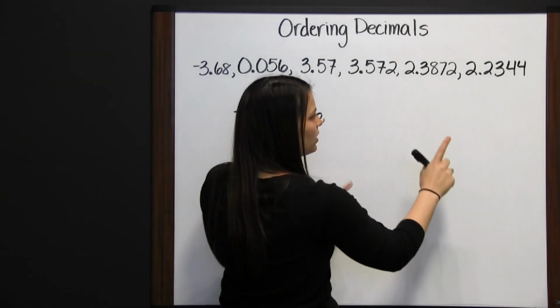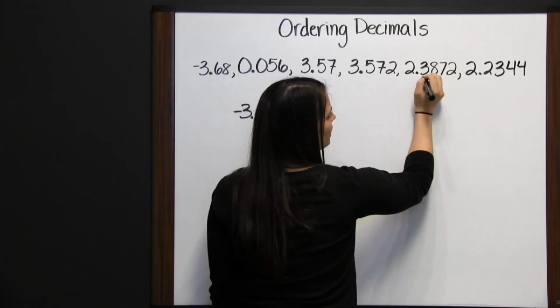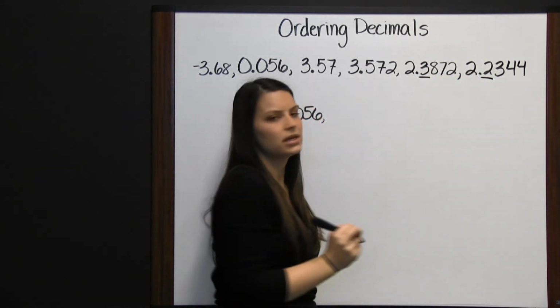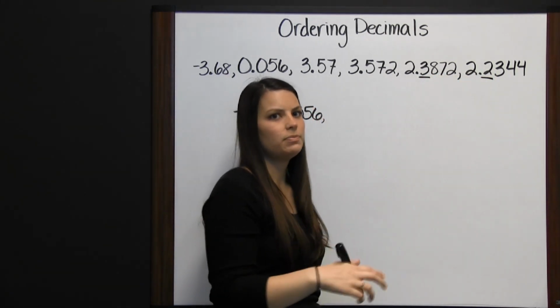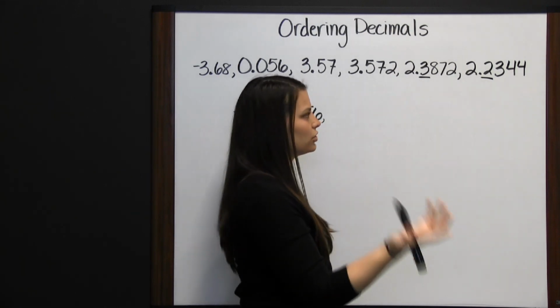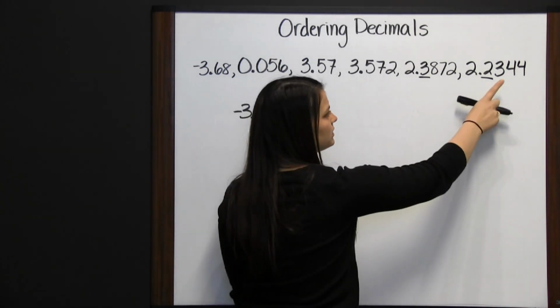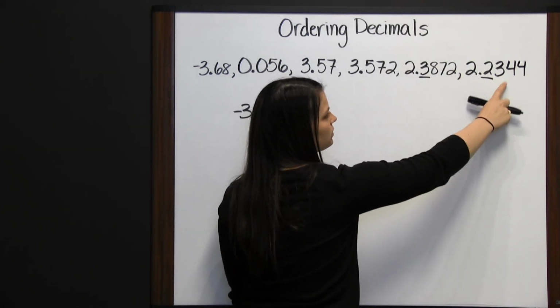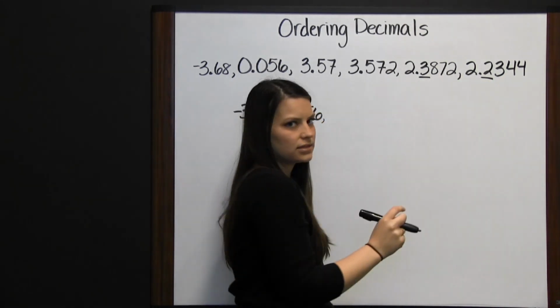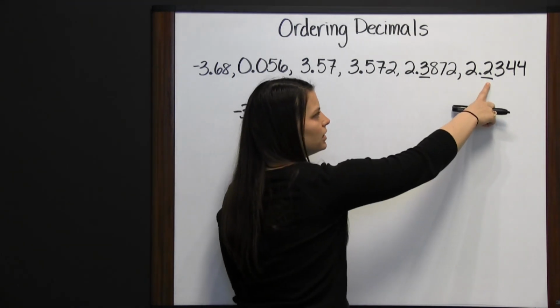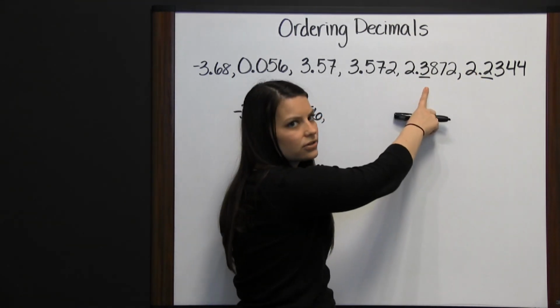So we've got to move to our 10th place and look at the 10th place to see which of our numbers would be next in our line from least to greatest. Looking at the 10th place, this number, 2 and 2,344 10,000ths, has a smaller number in the 10th place than our other decimal does.